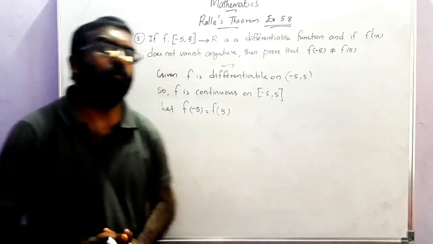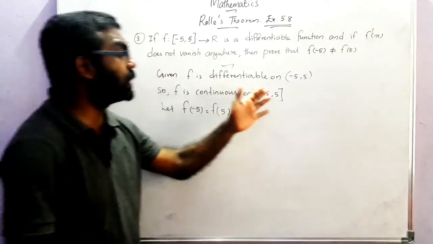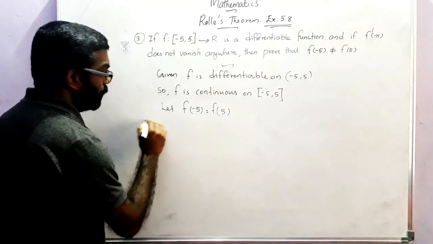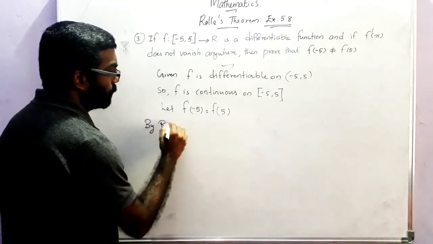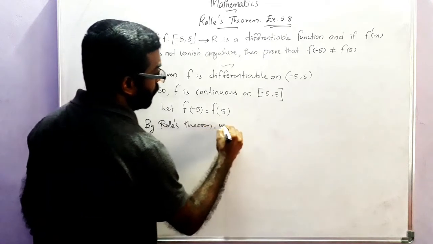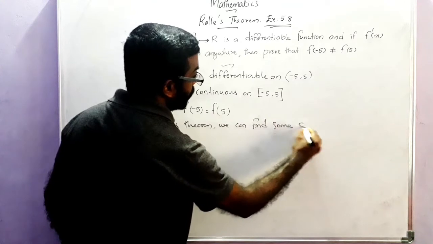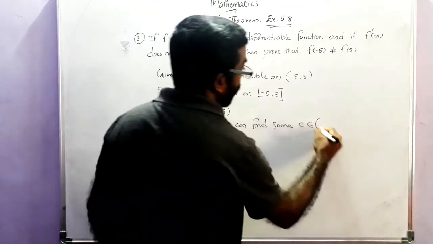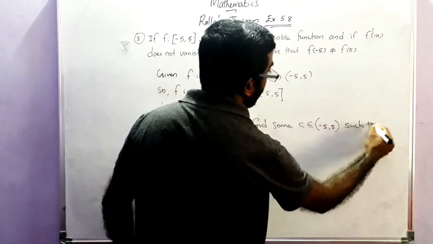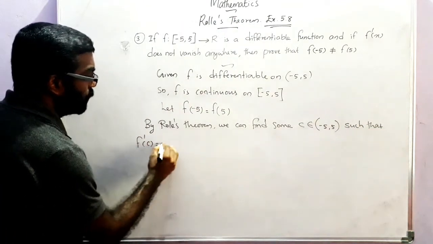So by Rolle's theorem we can find some real number c in open interval (-5, 5) such that f dash of c is equal to 0.